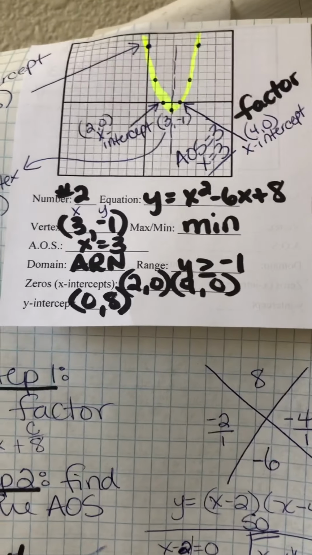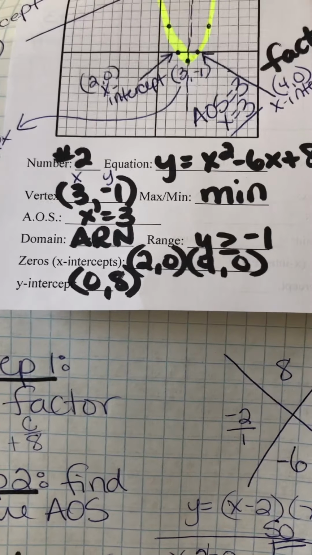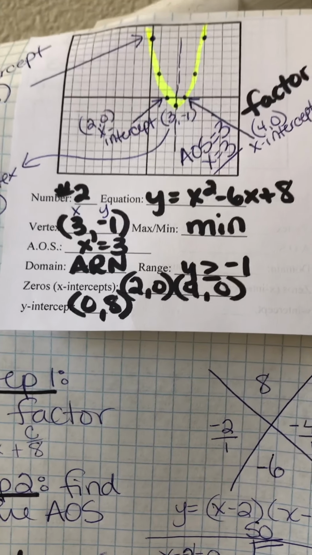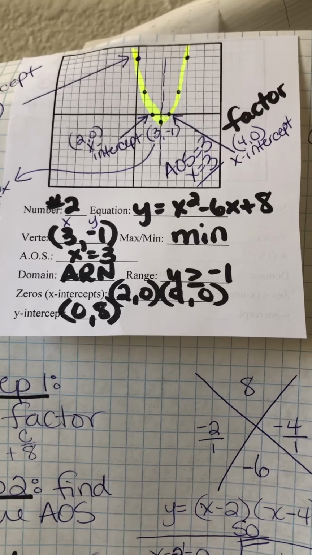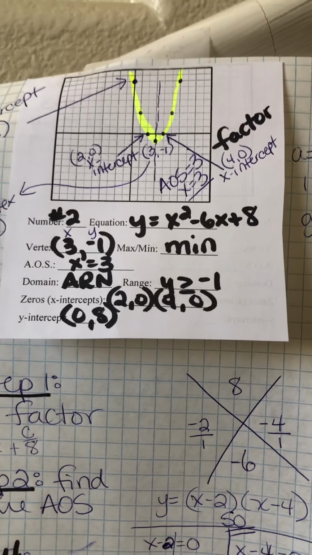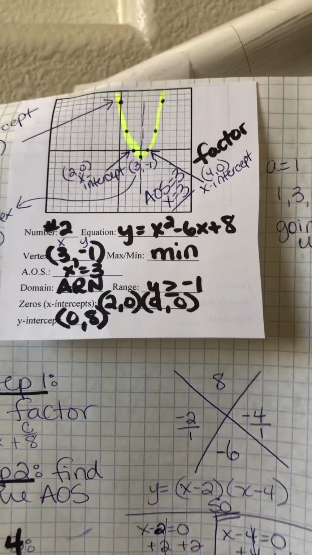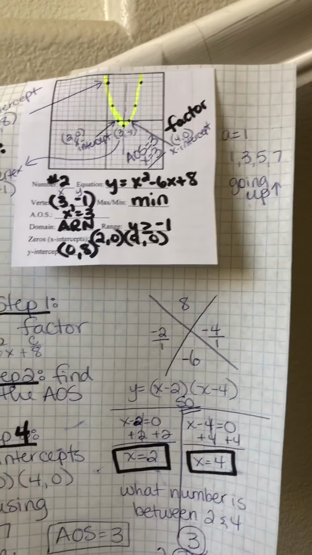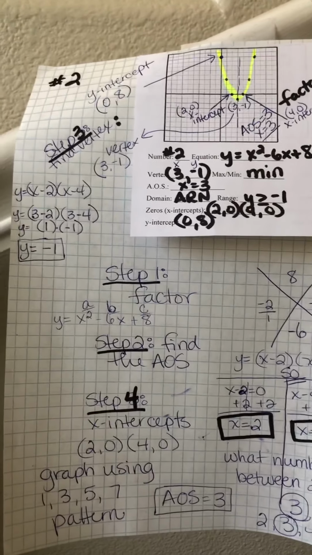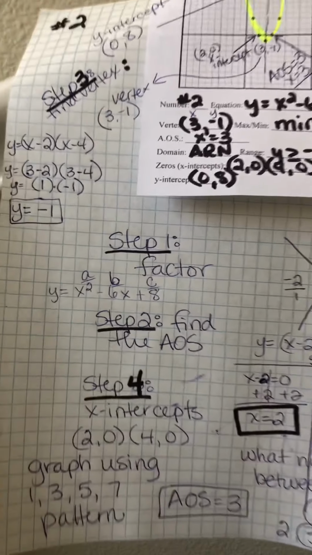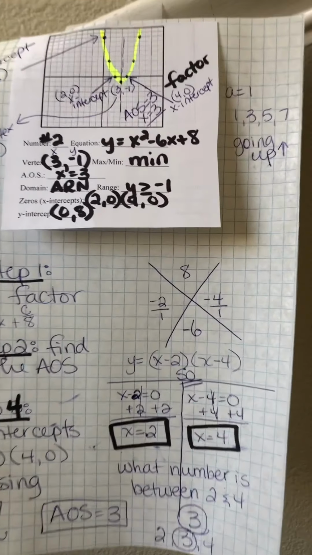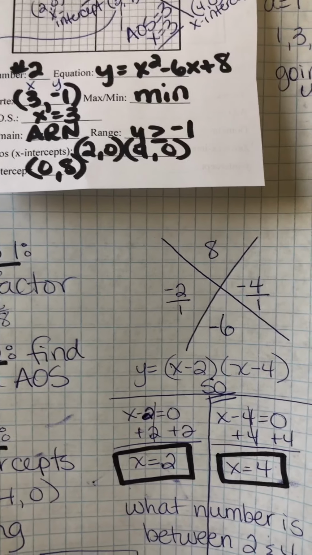Our x-intercepts are 2, 0, and 4, 0. And our y-intercept is 0, 8. We just had to do one extra step here with the factoring. And remember to label A, B, C. Factor the problem.